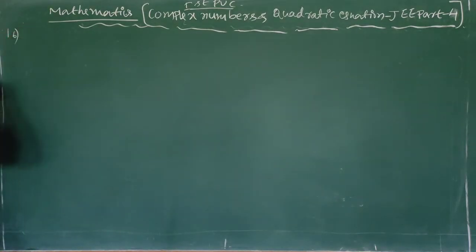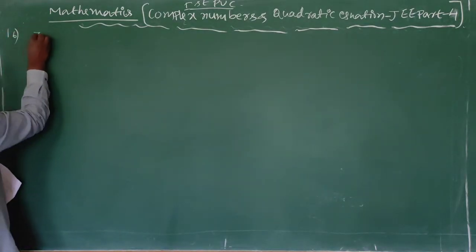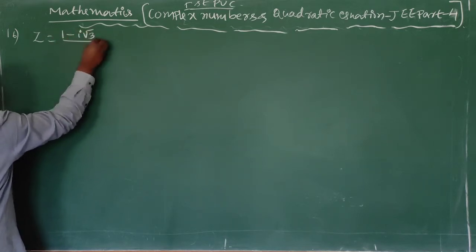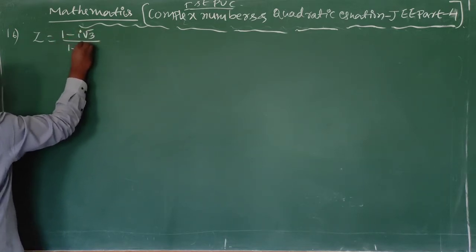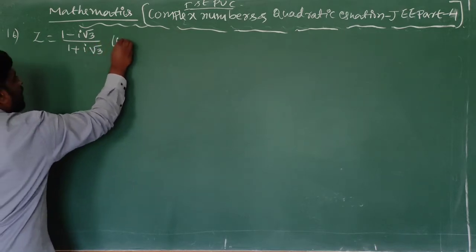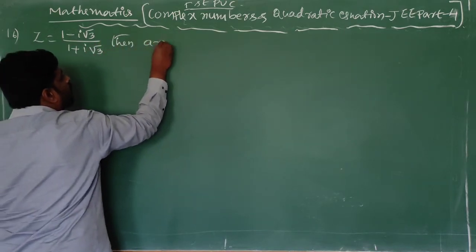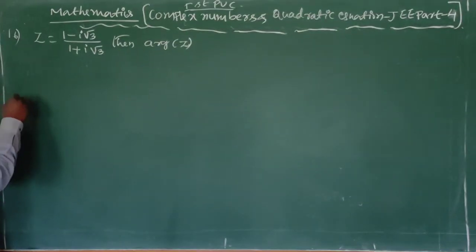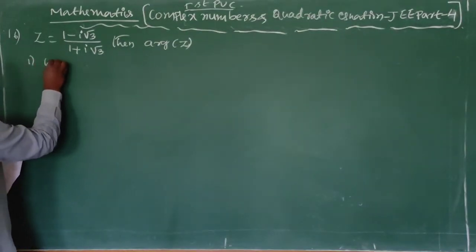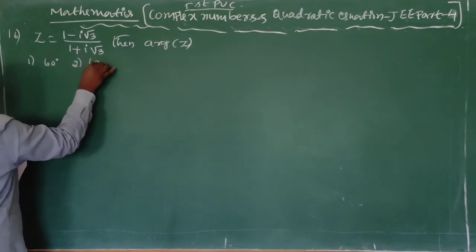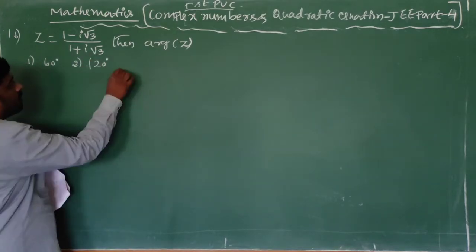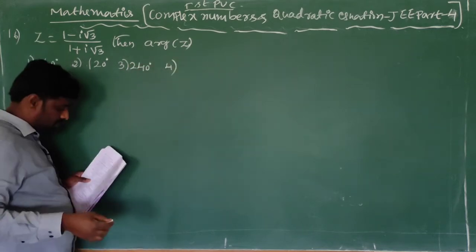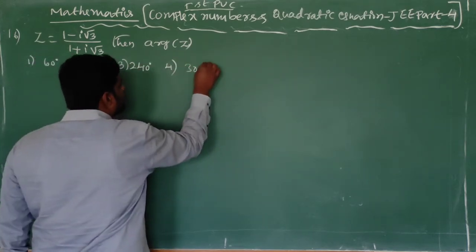Question number 16 is: Z is equal to (1 minus i root 3) divided by (1 plus i root 3), then argument of Z. First option is 60 degrees, second option is 120 degrees, third option is 240 degrees, fourth option is 300 degrees.